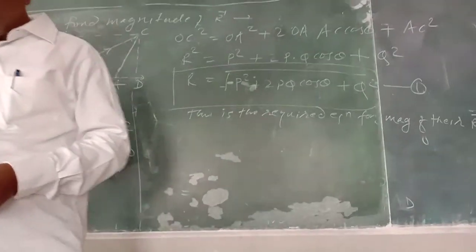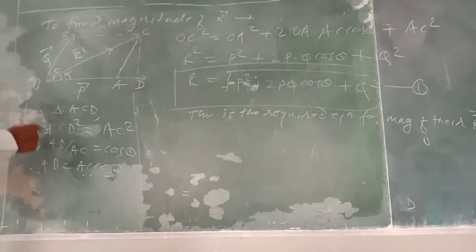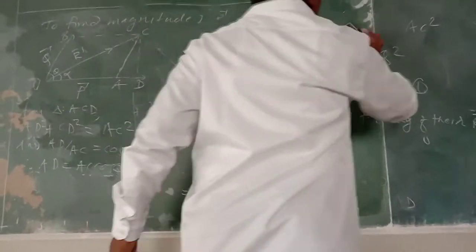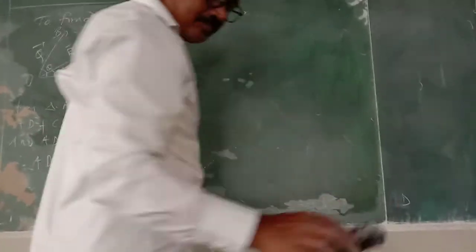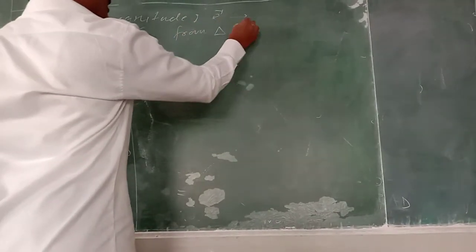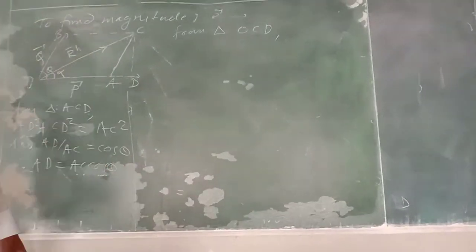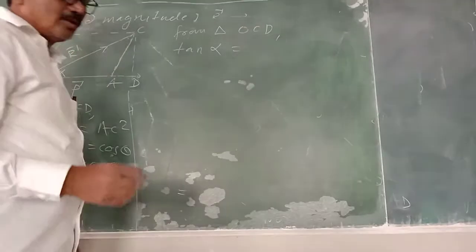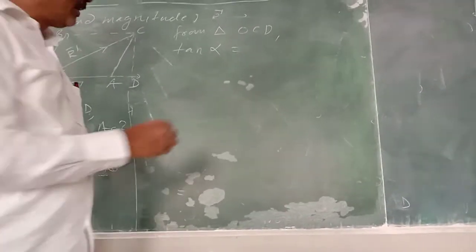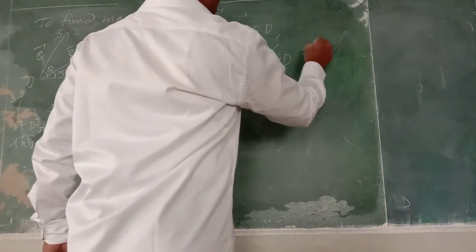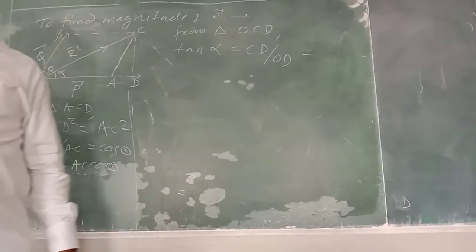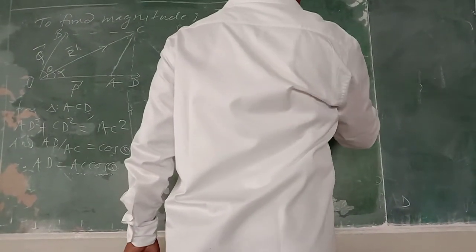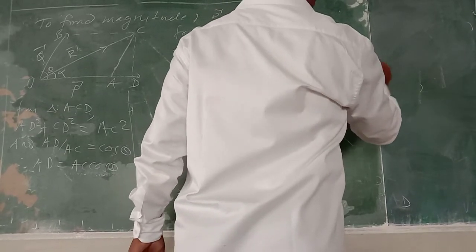From triangle OCD, tan alpha equal to CD upon OD, equal to CD upon OA plus AD.